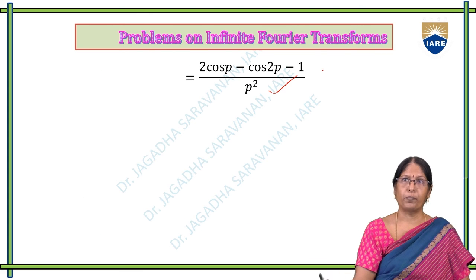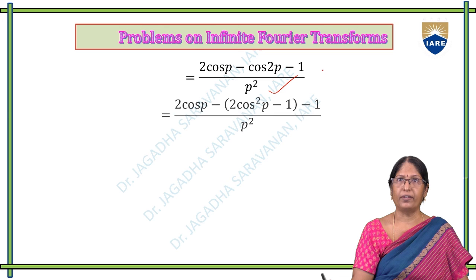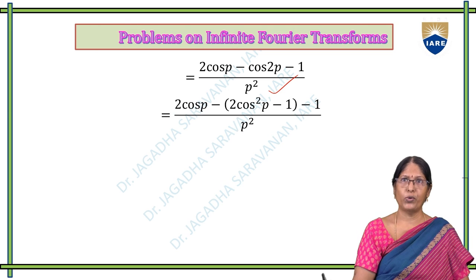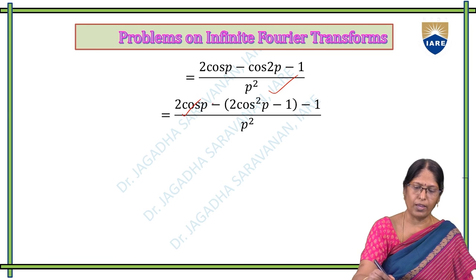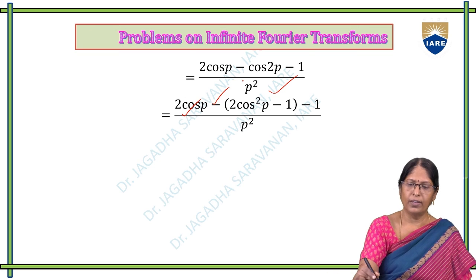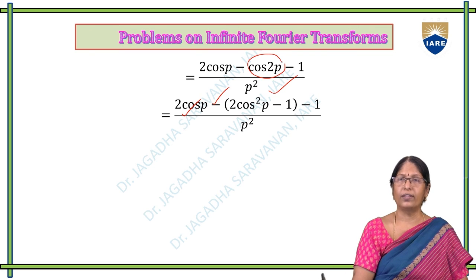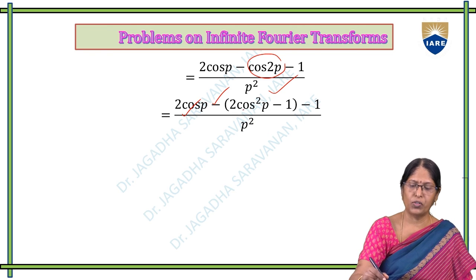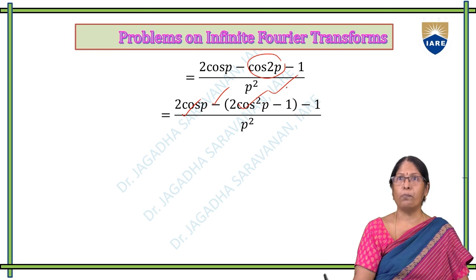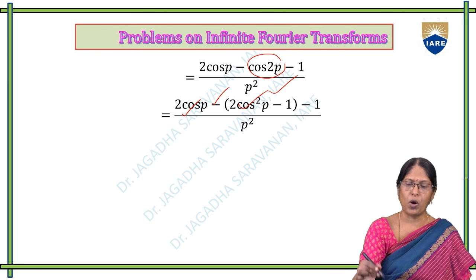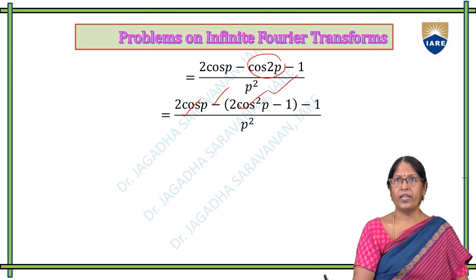So the last step of the previous slide, the more simplification: 2 cos p minus, here in this cos 2a, regarding the trigonometric formula, we substituted 2 cos square a minus 1. According to our problem, a is p.